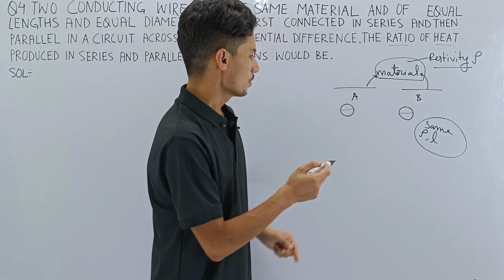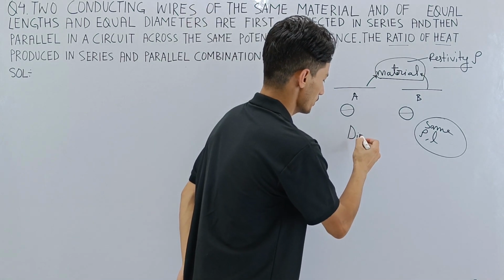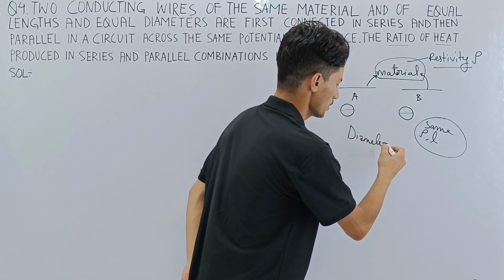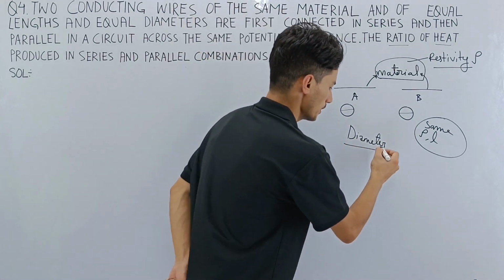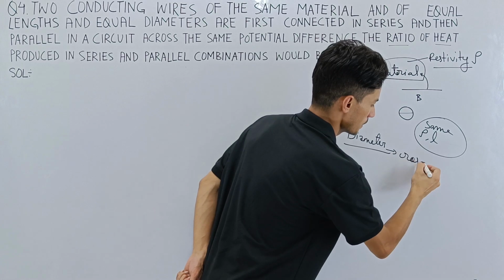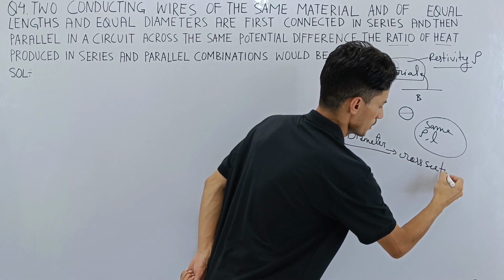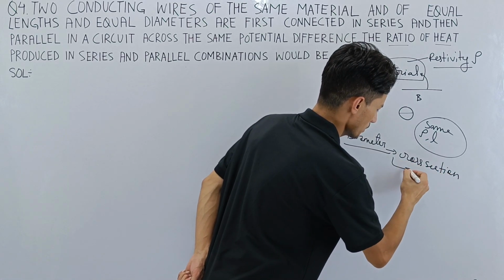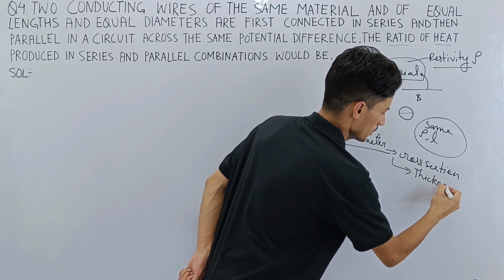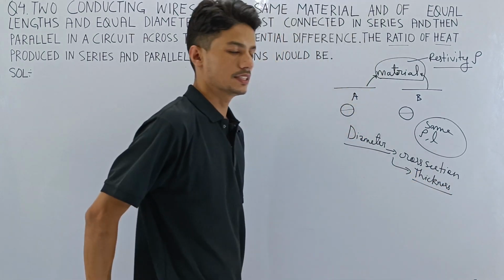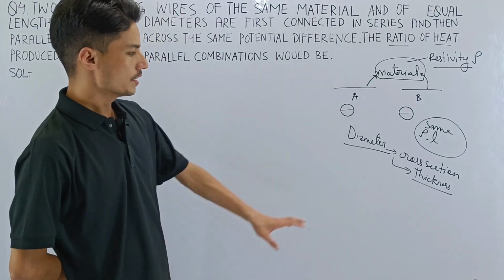So whenever diameter is mentioned in the numericals from this chapter, remember it means cross section. And cross section means thickness.